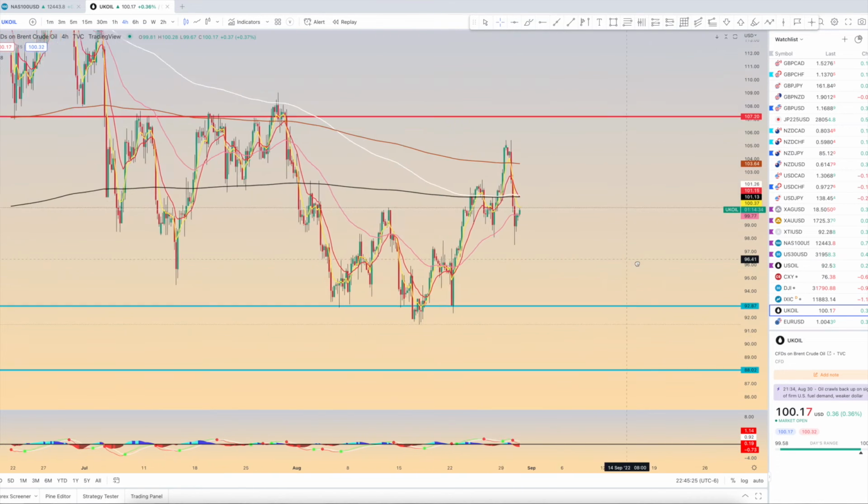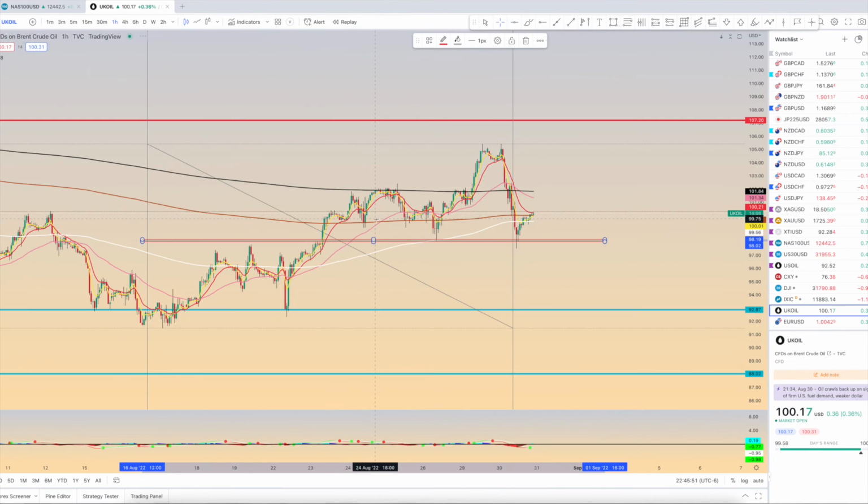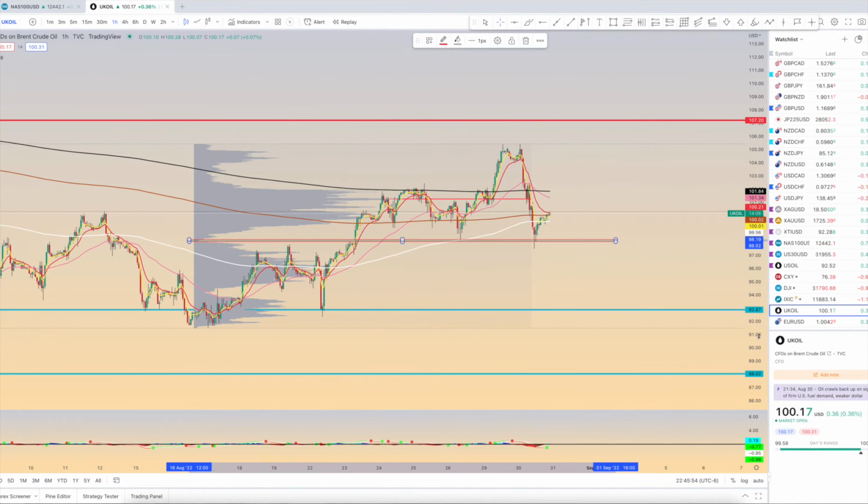And what you're going to see if we draw up a volume profile over the last few days, let's say from the bottom here to the peak, this is a gap. Look at how it filled that gap twice, within this tiny little area. That means that oil got taken up very quickly and no one had really any time to react.